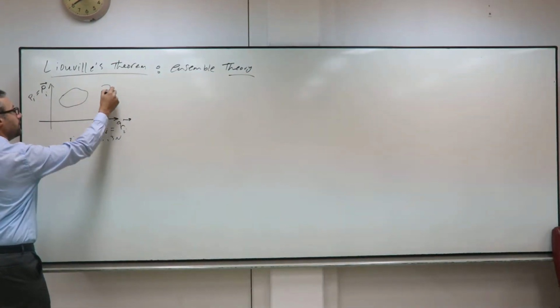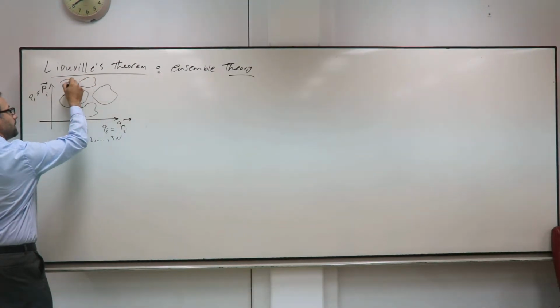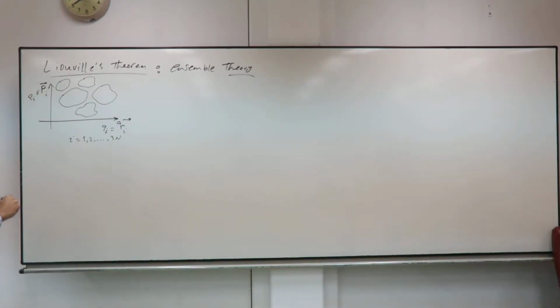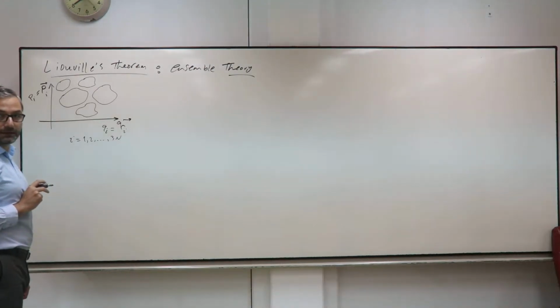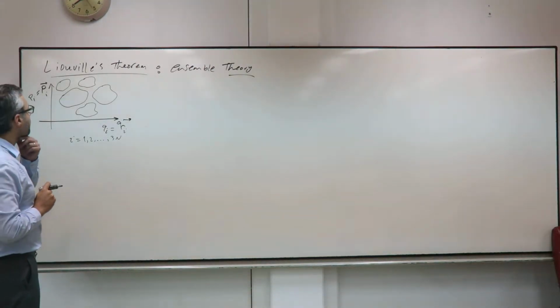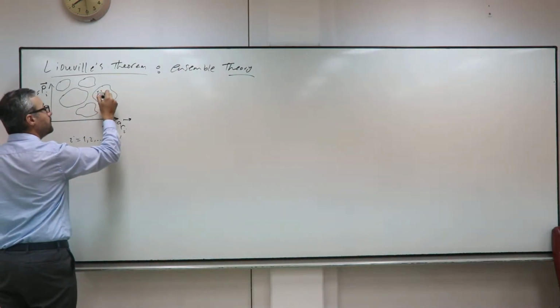I told you we have a collection of representations in the phase space, like a separate island. They are represented by some number of particles collected together. So we have some kind of island here.